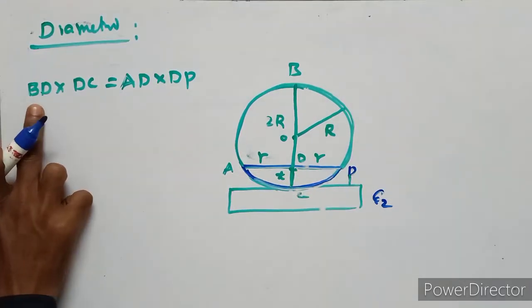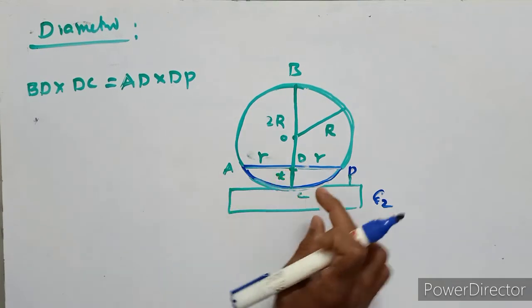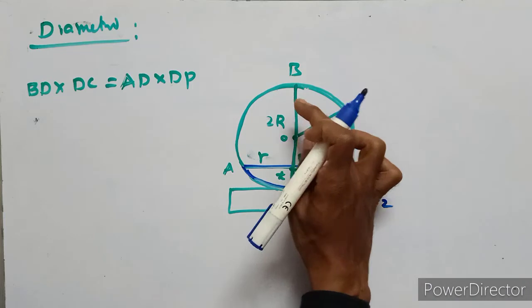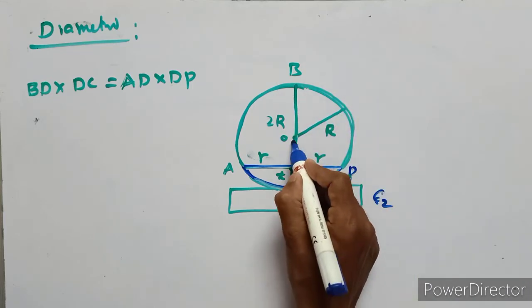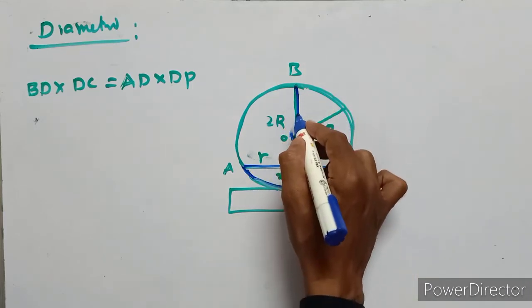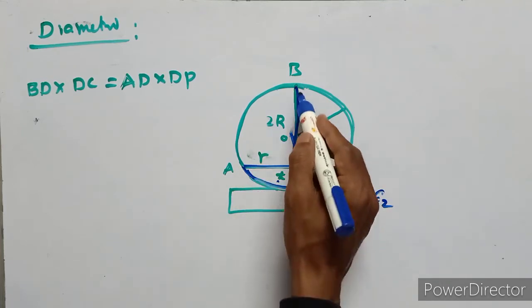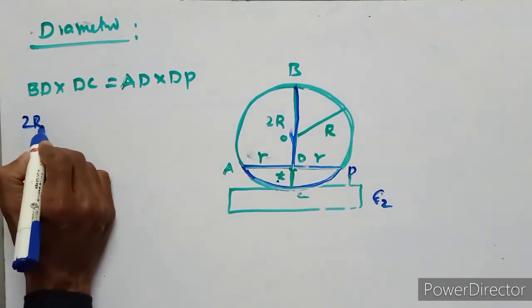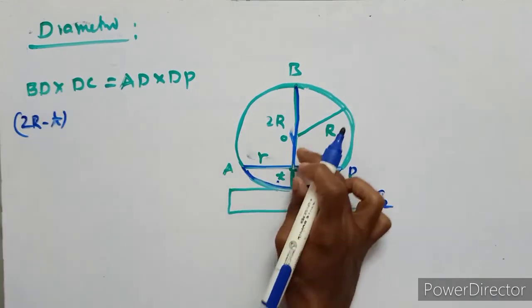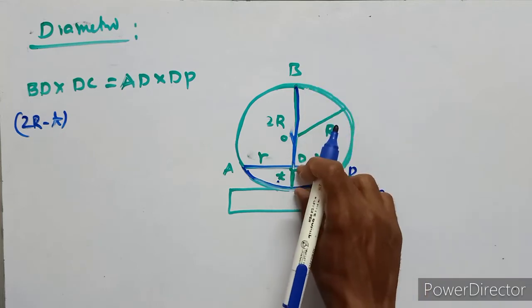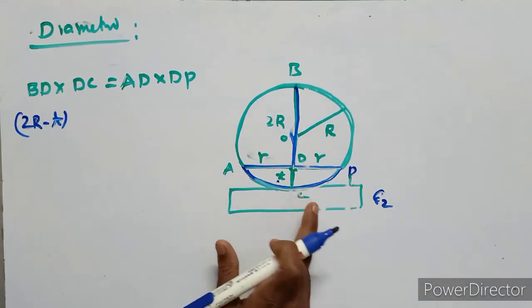So BD is equal to: totally this is 2R, this is T, so this part is 2R minus T. What is DC?